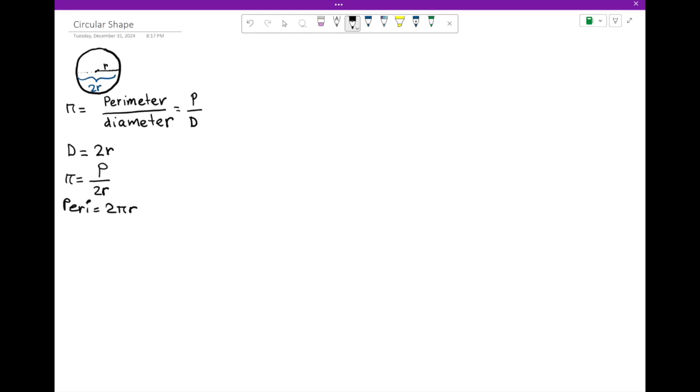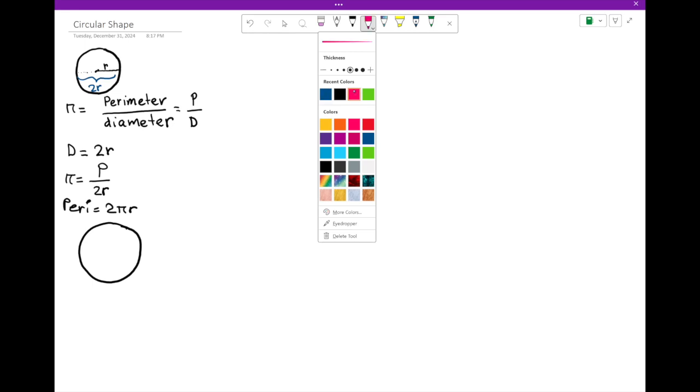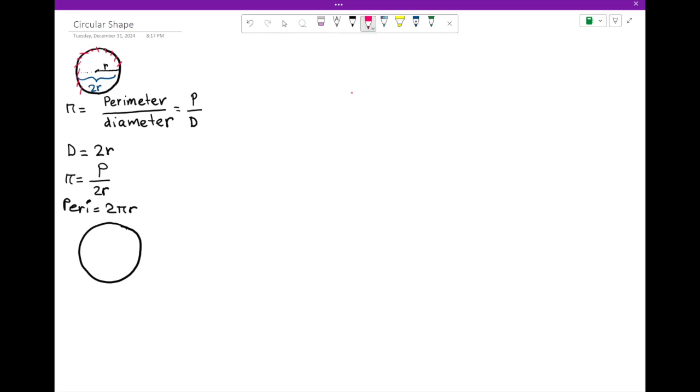Now let's take a look at this circle, and see if we can figure out its area. If you walk down the whole side of the circle, this is your perimeter, right? And we figured out this perimeter is 2 pi r. Now to find the area, we want to split this circle into smaller pieces.